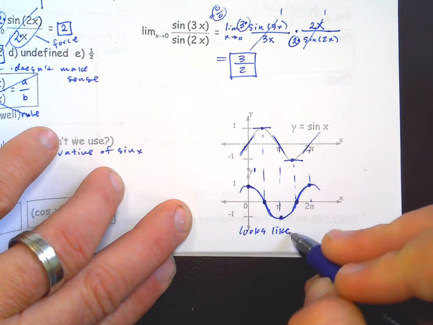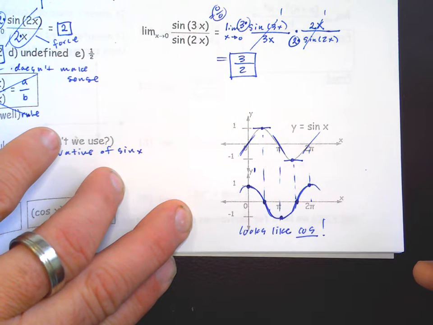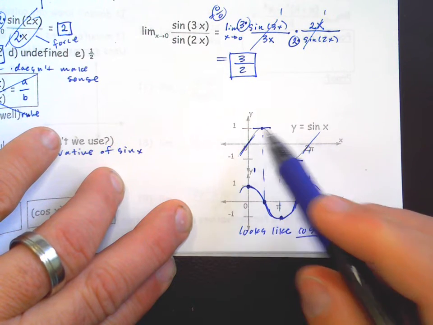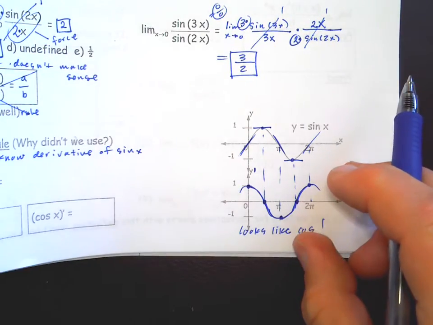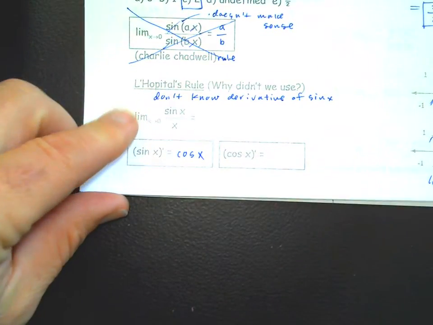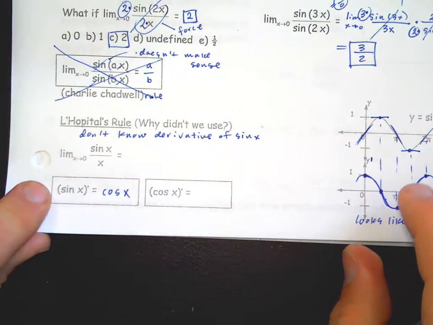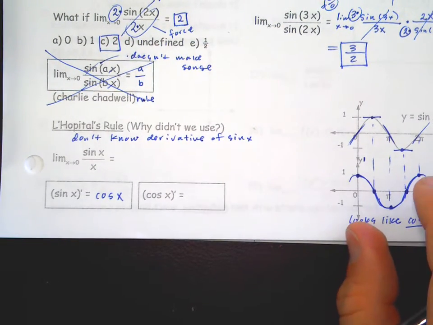It looks like cosine, doesn't it? Does that look like a cosine curve? The derivative graph of sine looks like cosine. And so, in fact, that is actually what the derivative of sine is. It's just cosine. So kind of an interesting, not a very algebraic, proof or discovery of that.